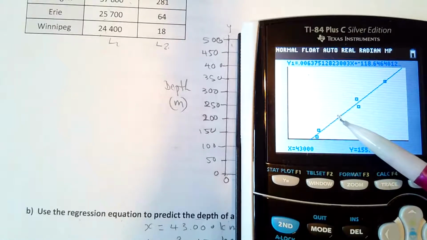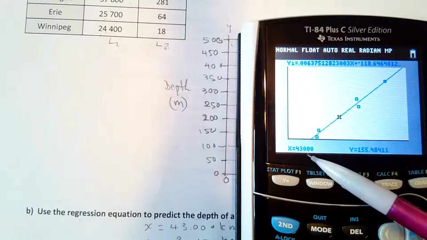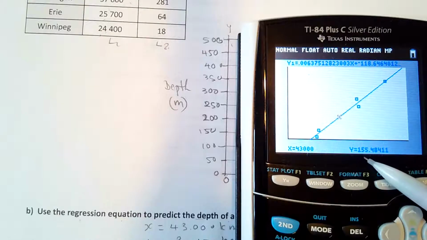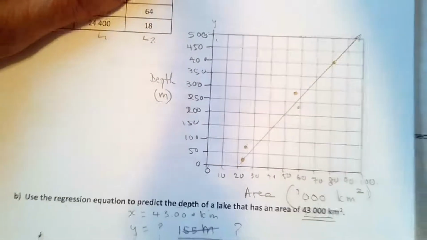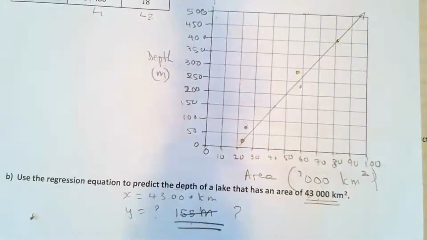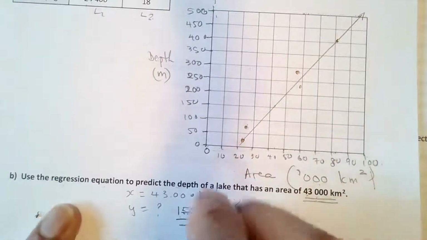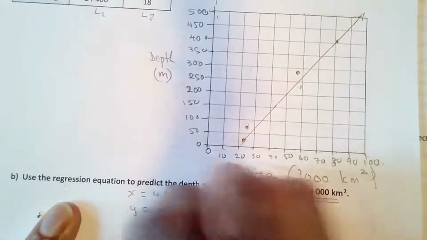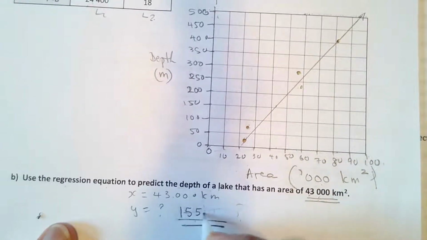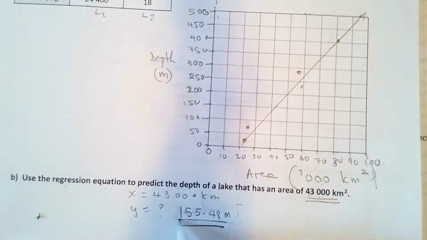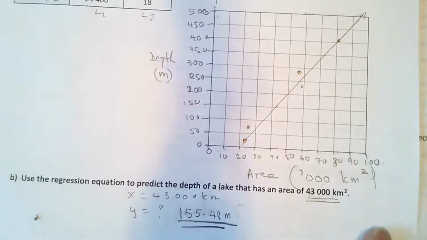By the way, where it's flashing here, that's the point x 43,000, y 155.48. So we can conclude, we'll change this here. Since 155, we can remove that and put decimals here: 155.48 meters. That's using your graphing calculator.